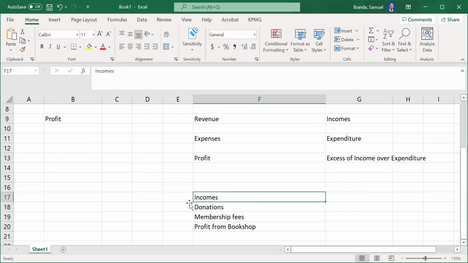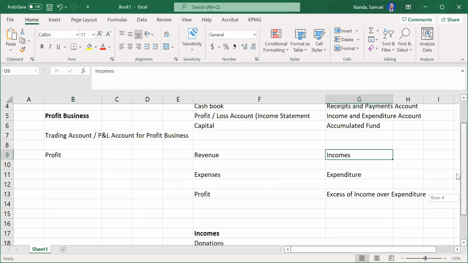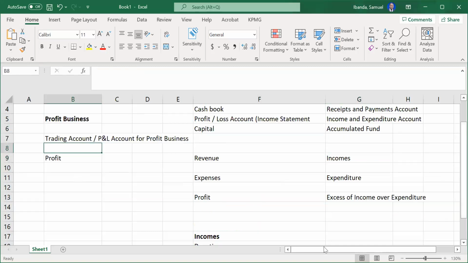Your profit from the bookshop will be something like here. That means we have to first calculate the profit from the bookshop before we draw up the income and expenditure. So we have to first draw up our trading account.